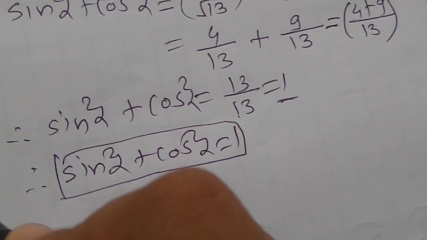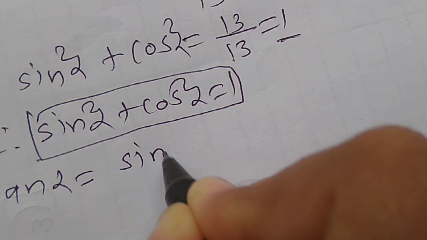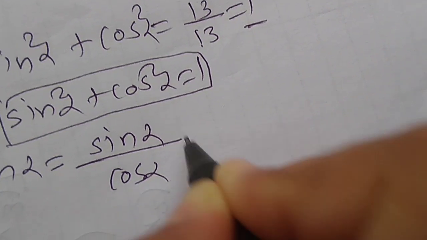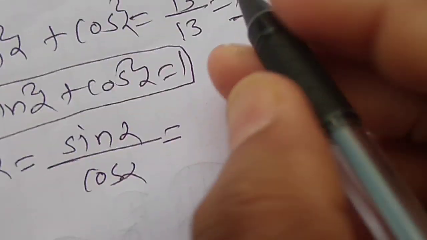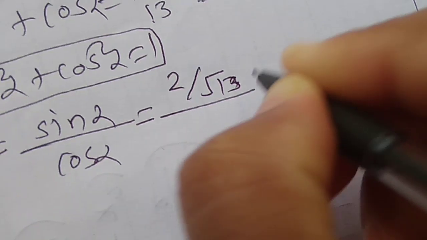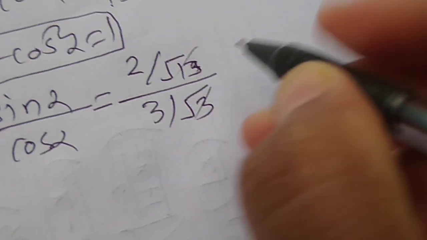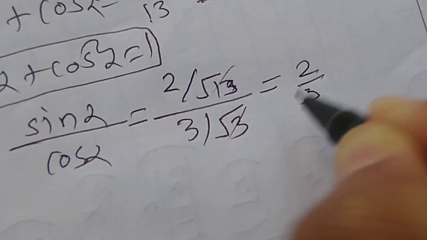Therefore we can take tan alpha that is sin alpha upon cos alpha. We have to put the value of sin alpha 2 upon root 13, cos alpha 3 upon root 13, root 13 gets cancelled and we will get 2 upon 3.